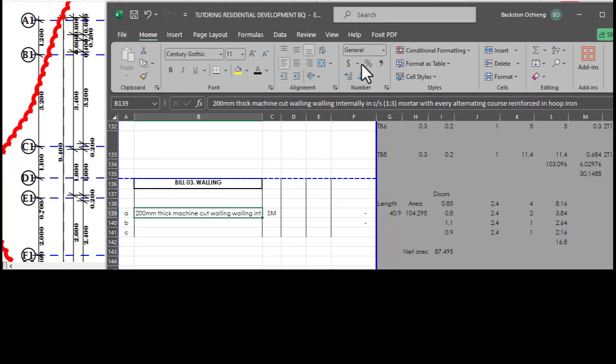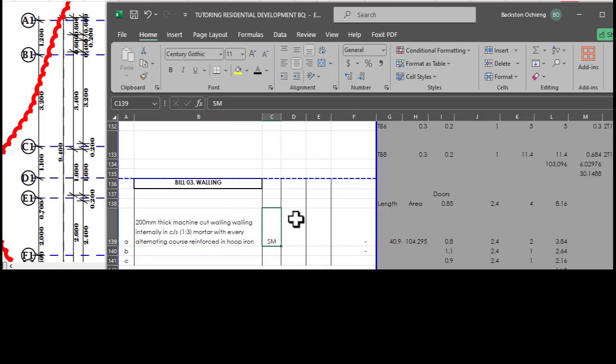All right, so that is comprehensive enough for now in terms of full description.